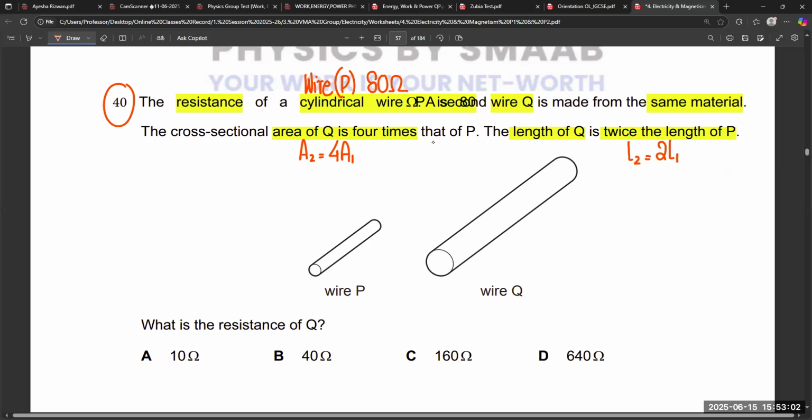So we have to use the same idea again. R2 equals rho L2 over A2.